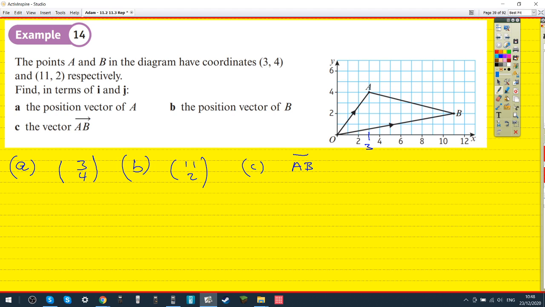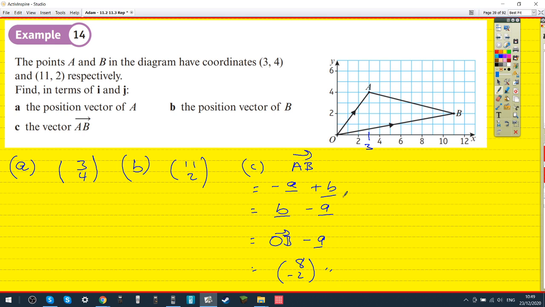Wouldn't that just be A minus B? Let's see. Other way around: B minus A. Yeah, it's like minus A plus B, or B minus A. So that'd give you 8 and minus 2.